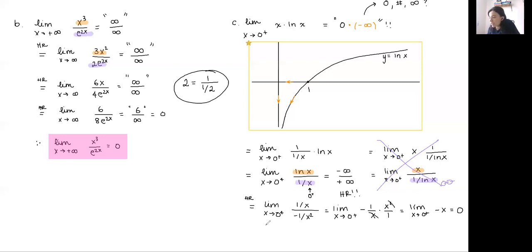Which, after all this work, makes us conclude that the limit when x goes to 0 from the right of x times ln of x is equal to 0.